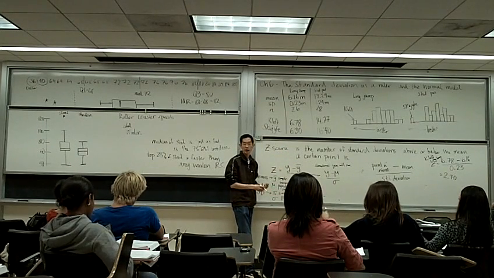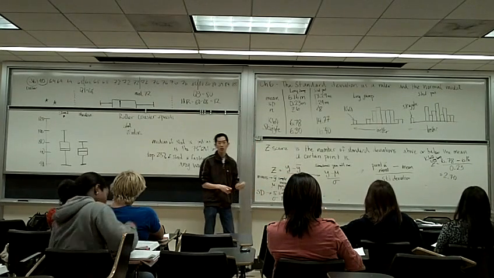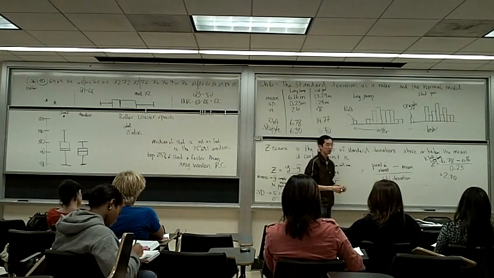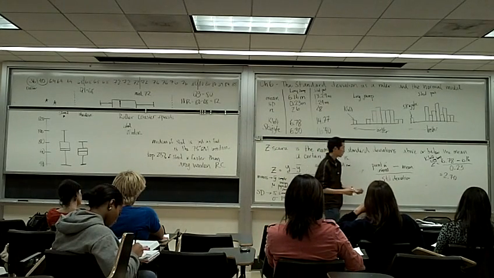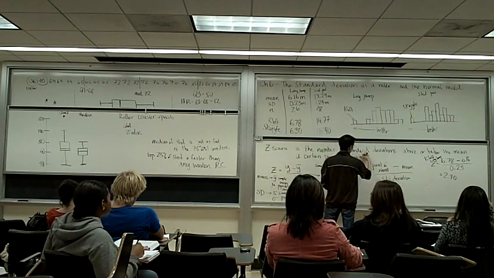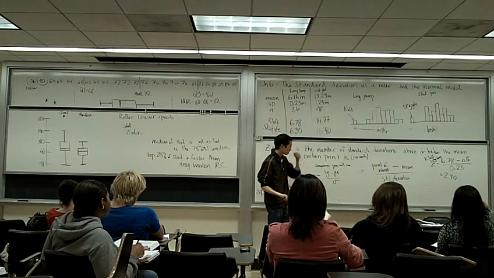Above that average, her long jump score was 2.7 standard deviations above the mean. One thing to note is that z-scores do not have any units. They're just the number of standard deviations.